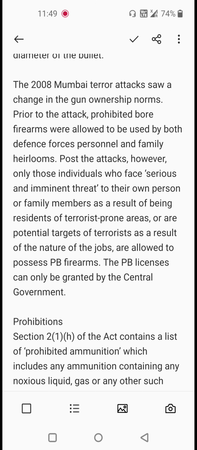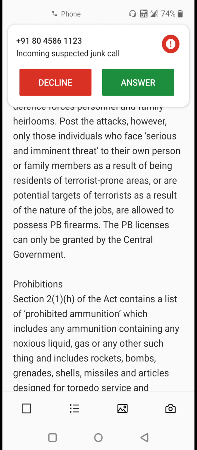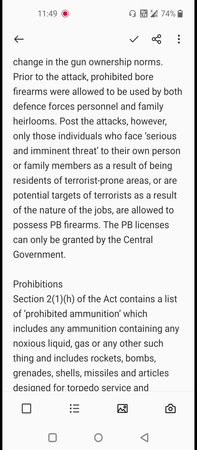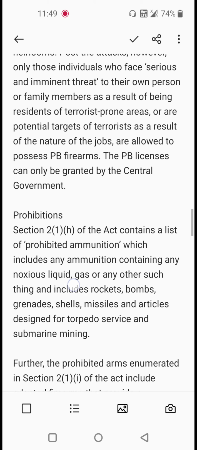Post the attacks, however, only those individuals who face a serious and imminent threat to their own person or family members, as a result of being residents of terrorist-prone areas or being potential targets of terrorists due to the nature of their jobs, are allowed to possess PB firearms. The PB licenses can only be granted by the central government.